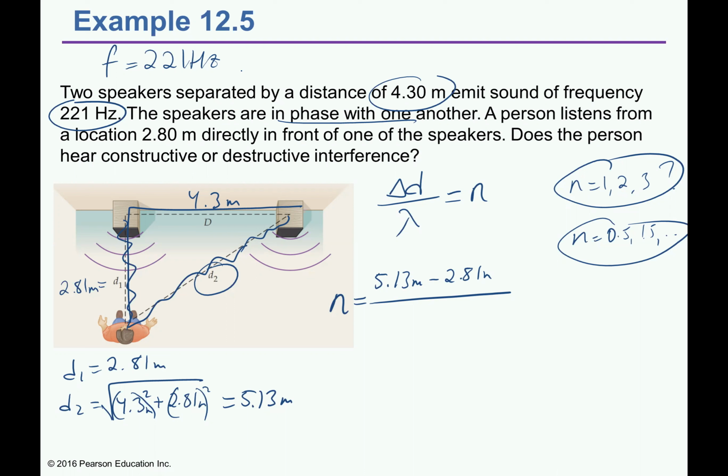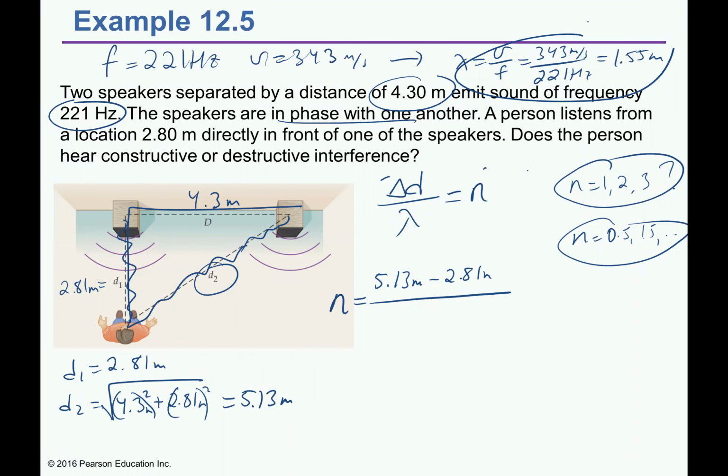Well, remember, it's a sound wave, and the sound wave is propagating with the speed of 343 meters per second. And then I can use this equation where wavelength is speed over the frequency, or 343 meters per second over 221 hertz, to get the wavelength of 1.55 meters.